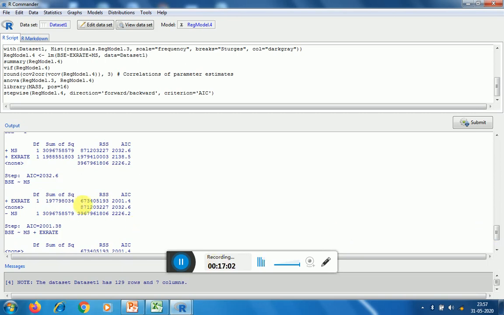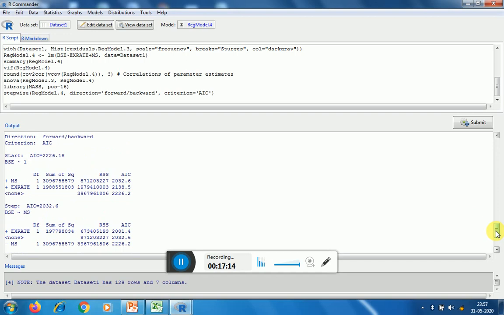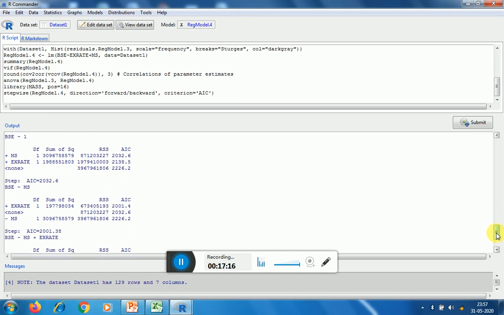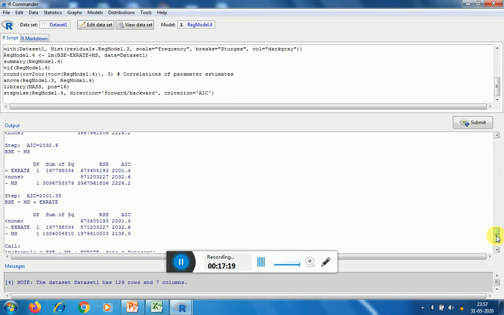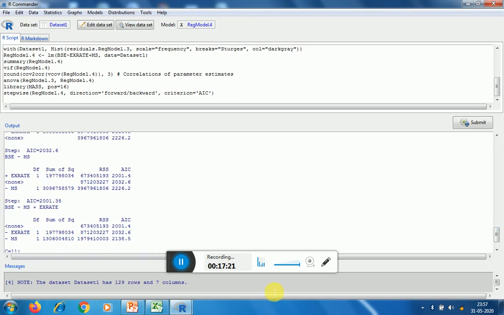So here it has taken money supply as the factor, and when intercept and money supply are taken, this AIC, Akaike information criteria, has reduced. Previously it was 2226, now it has reduced to 2032. Then in the next step intercept and exchange rate is taken.